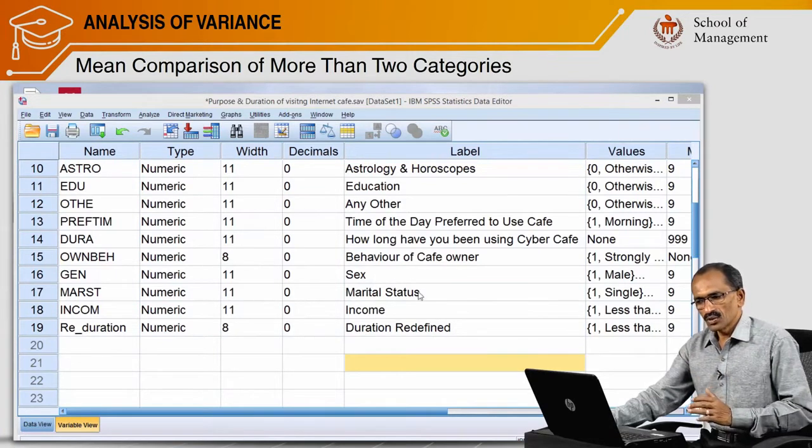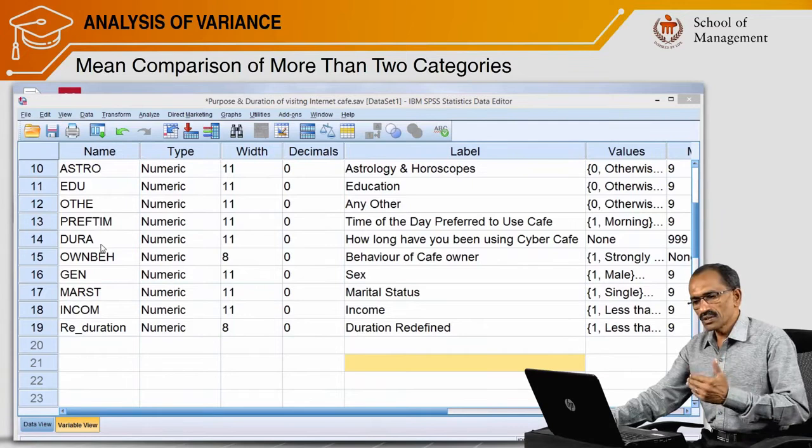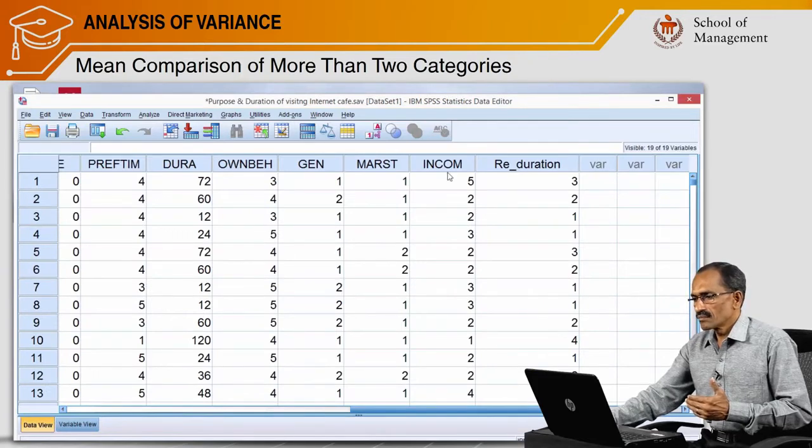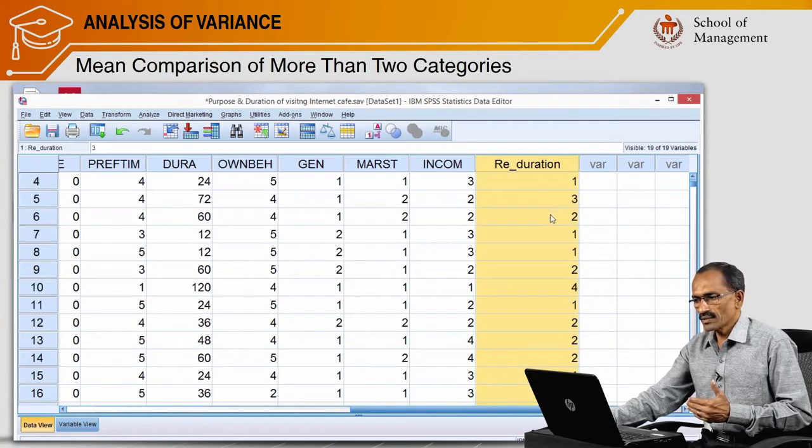So here, our variable of interest is the duration of internet usage. Previously, the internet usage was a categorical variable. That is nothing but we had converted this ratio variable into a categorical variable. And here we have only the ratio variable. As you can see from the data view, for the duration of internet visit, we have categories 1, 2, 3, like that.